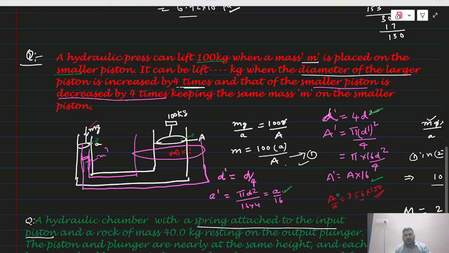So now the ratio of capital A to small a is increased to 256 times. Therefore, I can lift 100 into 256 times the mass.